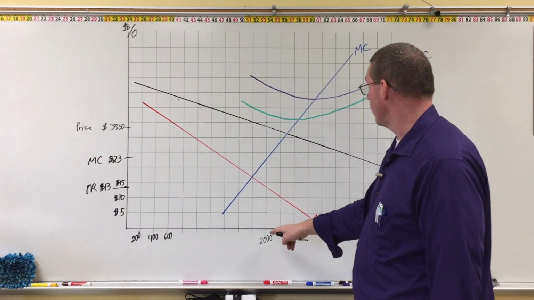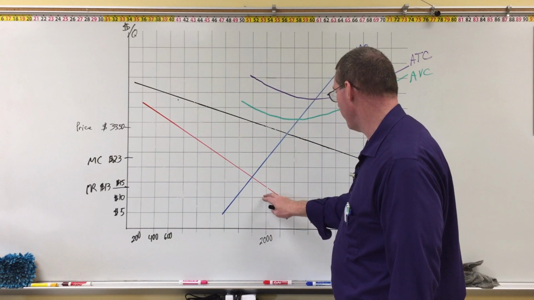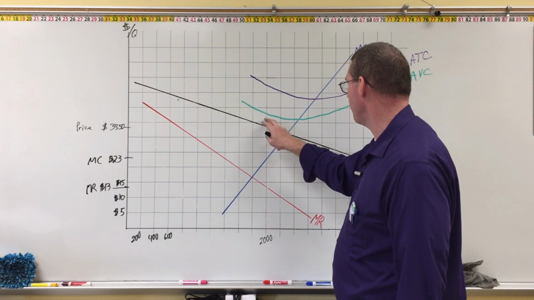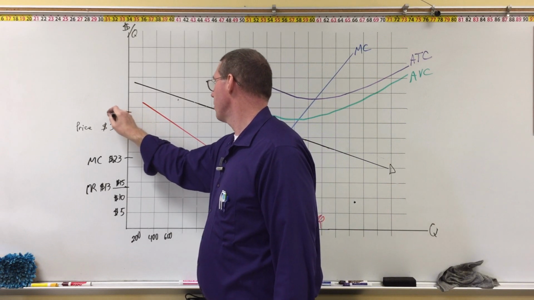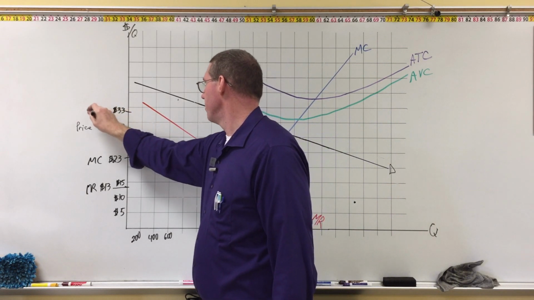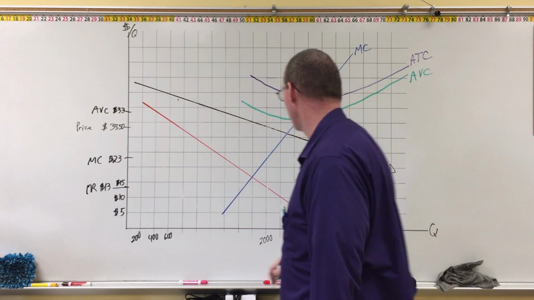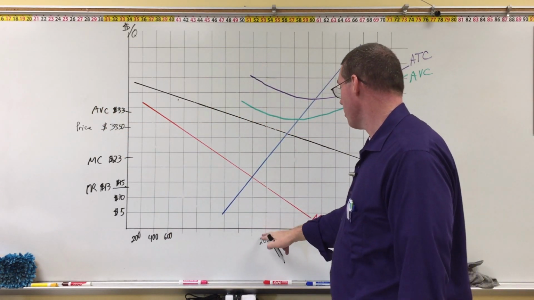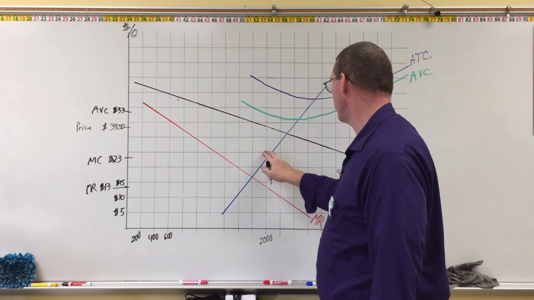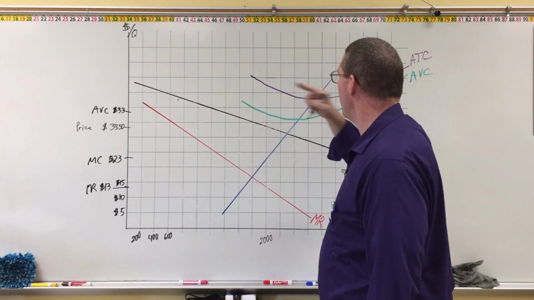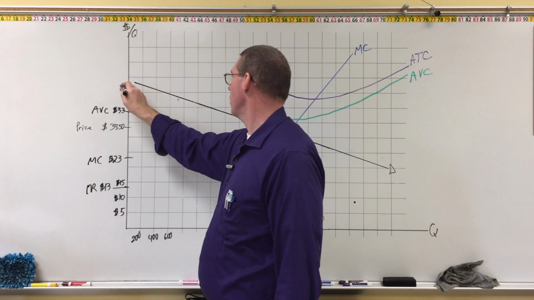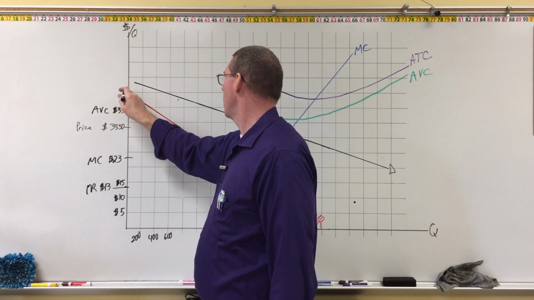And now we're going to identify the average variable cost, 5, 10, 15, 20, 25, 30, 35. That's about 33 maybe. So $33. That's going to be average variable cost. Average total cost, we're going to go 5, 10, 15, 20, 25, 30, 35, 40, 45, maybe $2 more. So that's about $47. Is that right?